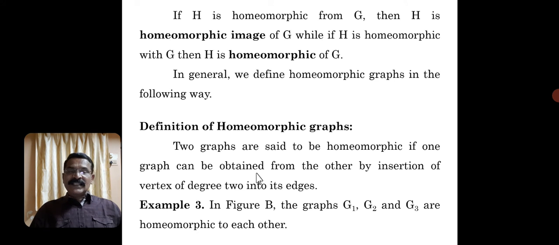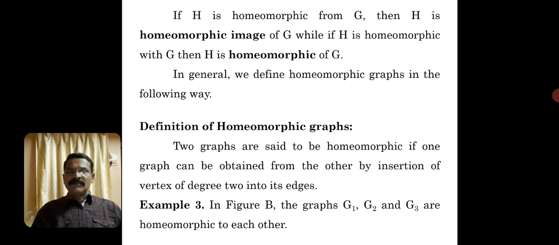So in general, we define homeomorphic graphs in the following way. Generally, we use the word homeomorphic graphs. Very interesting. Two graphs are said to be homeomorphic if one graph can be obtained from the other by insertion of vertices of degree 2 into its edges. As we said in the beginning, that is subdivision of a graph.